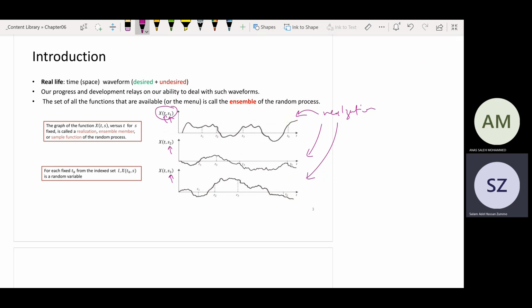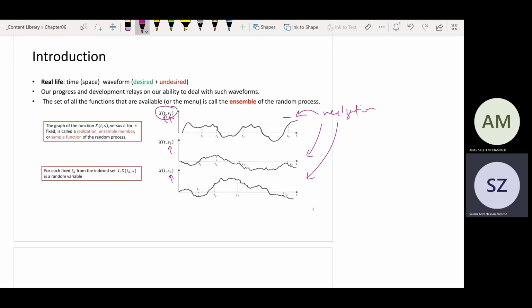If I change the outcome, I get another function. If I change S2, S1 gives me a different function. If I change S3, I get a third function. If I change S4, I get a fourth function. This is the example I experienced. For every S, I have a function of time, whether it's a continuous function of time or discrete.